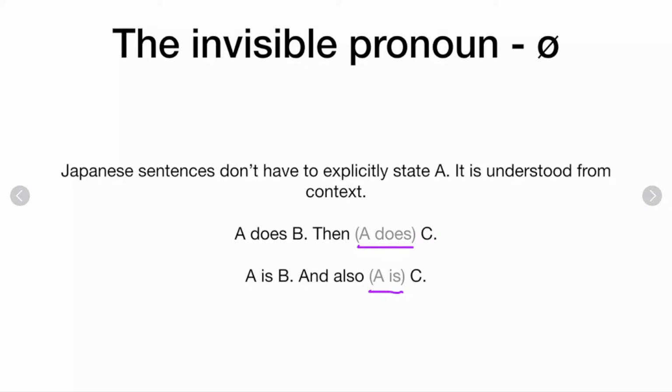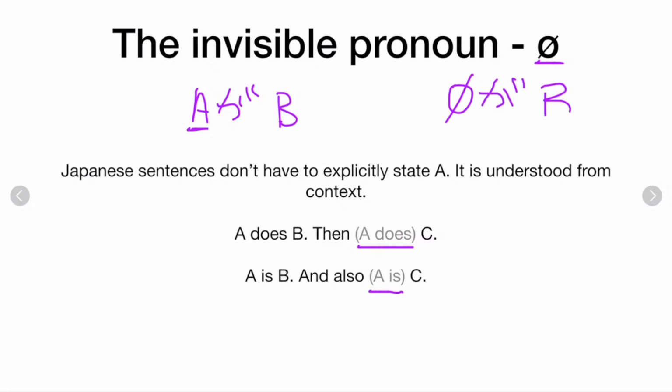So when this kind of thing happens, we're going to use this notation of the zero pronoun, right? And so we're going to say that the subject in this case, if it is A ga B, and we say that the subject is left out, then we can say it is zero ga B or zero ga B da as needed.